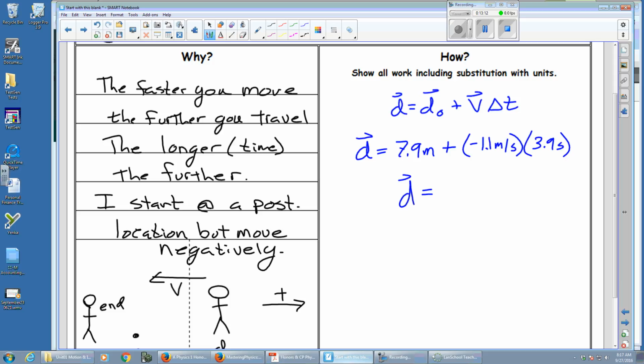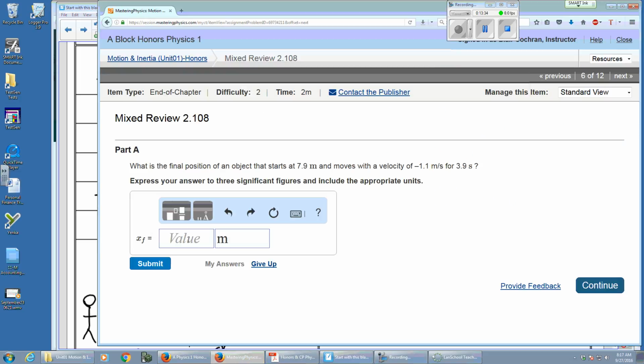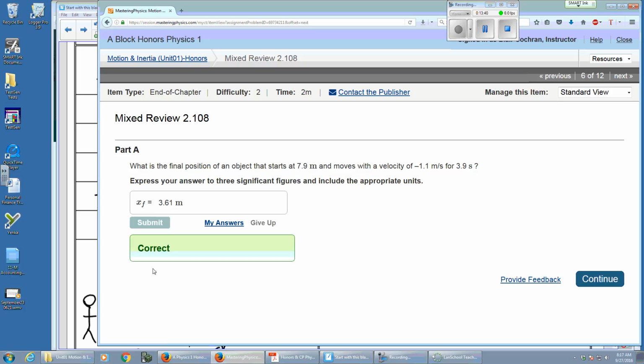You got 3.61. And that ends up being meters. So let's see if that's correct. I think it is because it's more negative than 7.9. So I'm feeling good about it. 0.61. Yes. Yep.